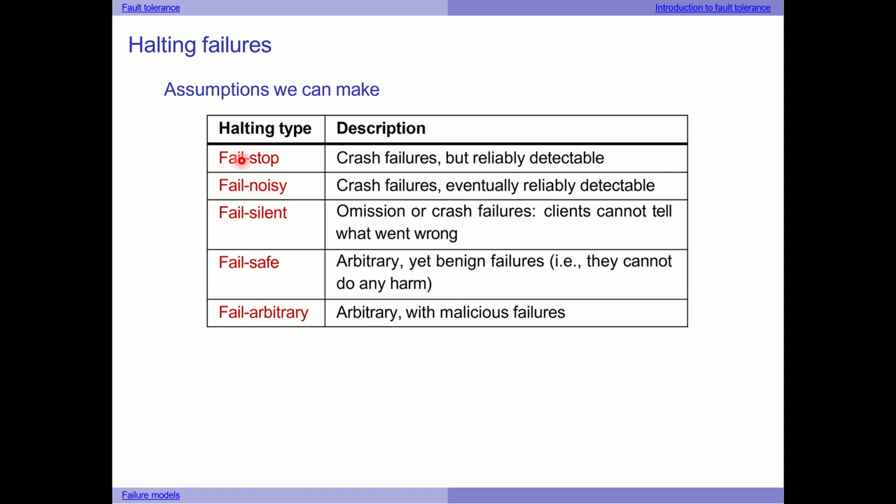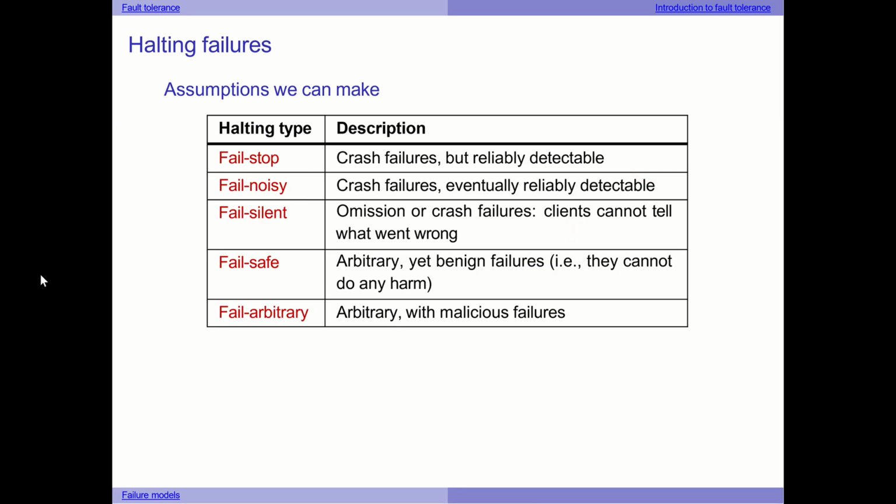So we have the fail stop halting type, which is a crash failure but reliably detectable. This one is a gentle crash, meaning a server or a system sends a dying gasp signal, a dying gasp alert, to the network controller when the power supply fails. So this is the example.